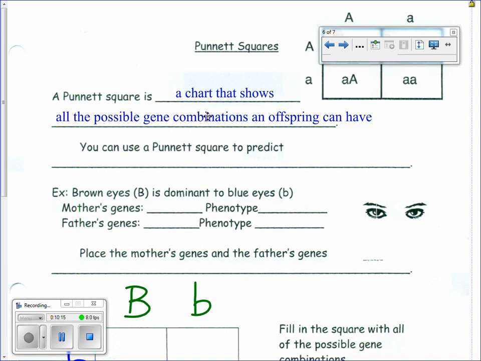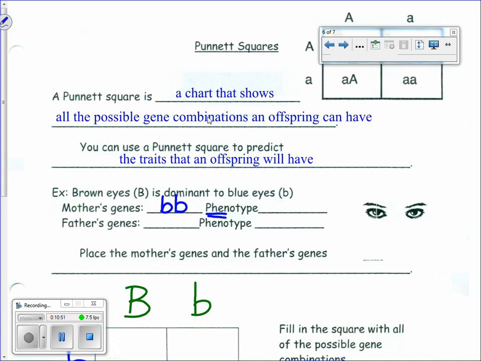You're going to use the Punnett square to predict the traits. You can do this for any trait that only has 2 alleles. Yesterday's mother, do you remember what she looked like? What color eyes did she have? Blue eyes. So the mother's genes had to be what? If she had blue eyes, what was her genotype? Good. She had 2 little b's. Her phenotype is her, what did we say phenotype meant?